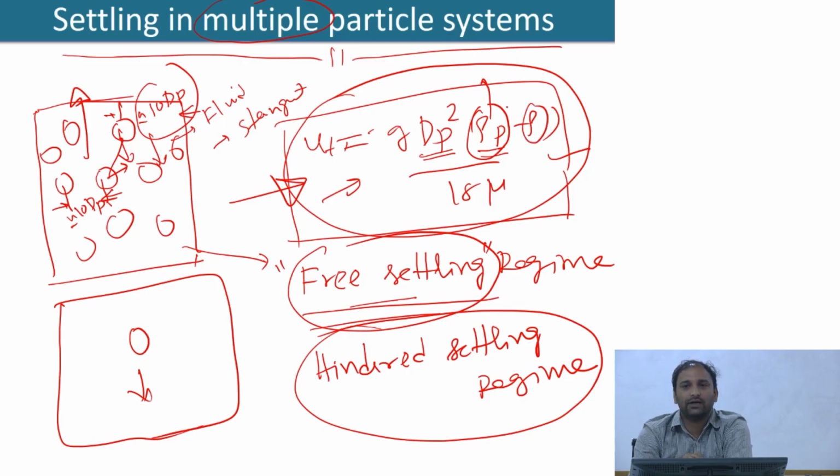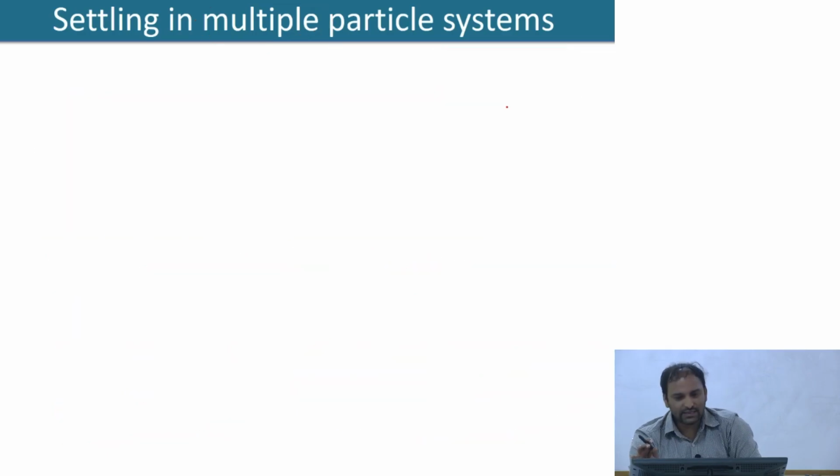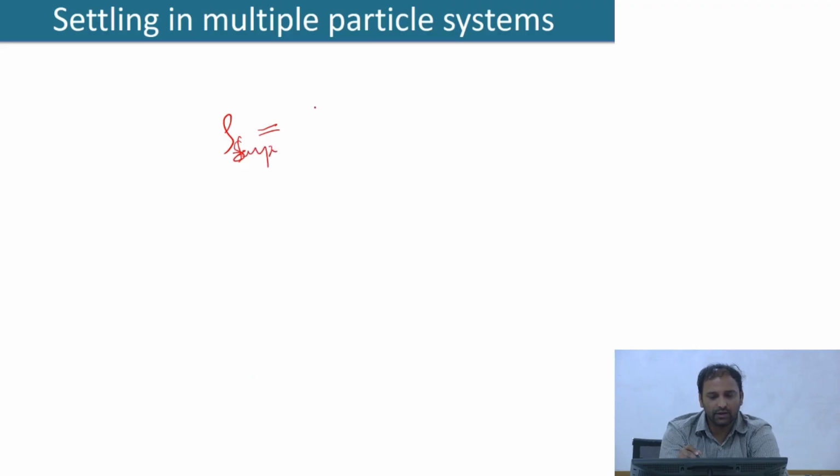Your rho is the density of the fluid in which the particles are embedded. Now what the particle effectively sees is not just the fluid, but the fluid plus the particles. In that sense, my new rho, which is the rho of the fluid, or rho of the suspension, okay.